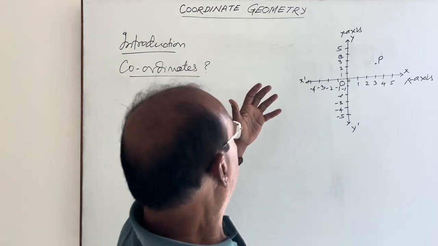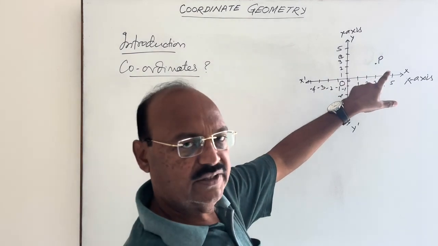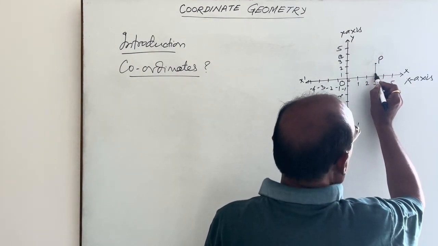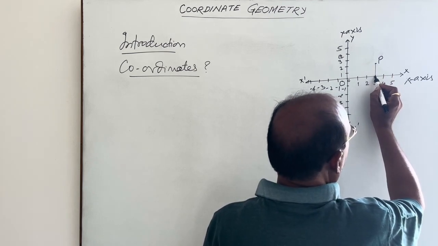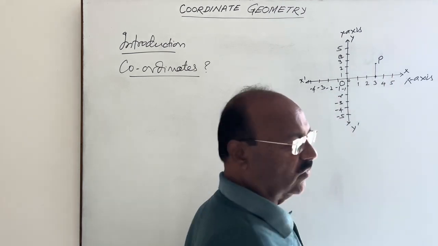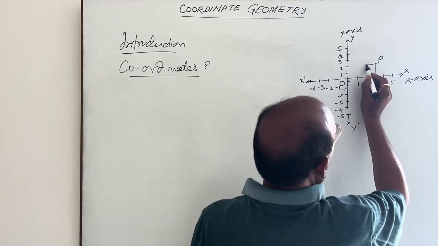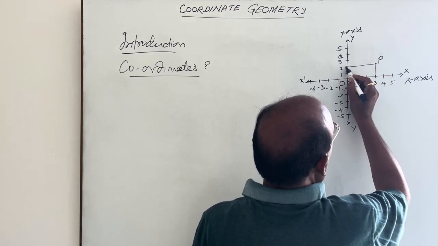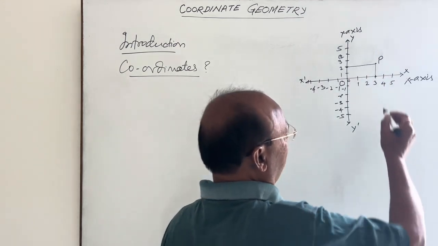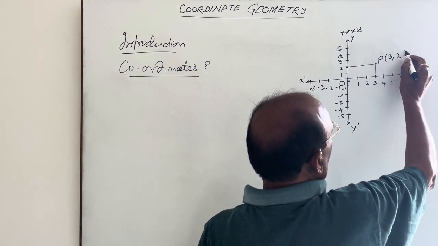As we have discussed, coordinates are used to locate a point. We draw a perpendicular here on x-axis, which is meeting x-axis at this point 3. Similarly, let us draw a perpendicular from here on y-axis, which is meeting y-axis at the point 2. So inside a bracket we write here 3, 2.